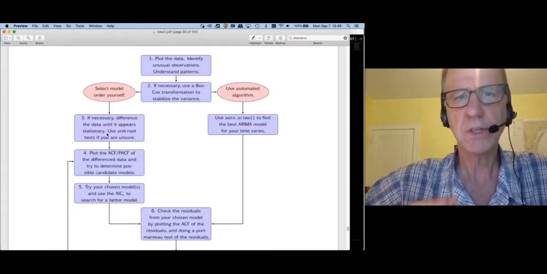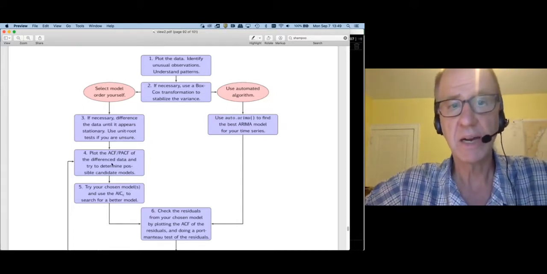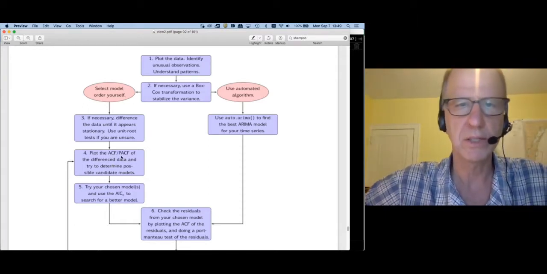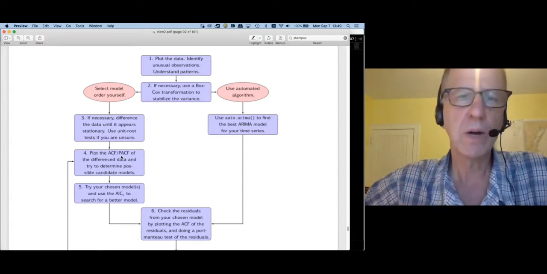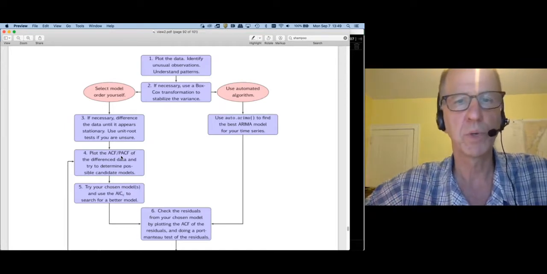Having differenced the data to the point where it's stationary, the next step is to look at the ACF and the partial ACF plots. This is going to help us figure out how many autoregressive and moving average terms we're going to need.